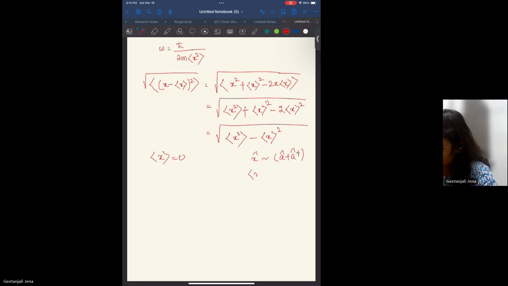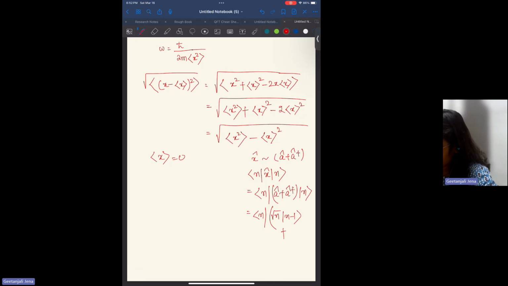If you want to find the expectation of x, then you have to solve this: a plus a dagger on n. Now if a acts on n, it changes the state of the system, taking the state from n to n minus 1, so this will be root of n minus 1.